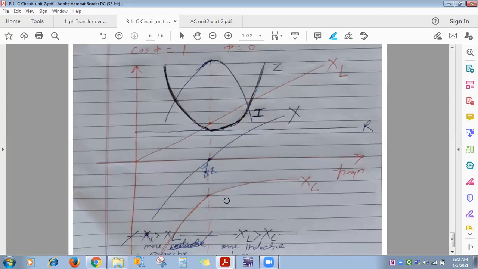Sometimes you have to use this in numericals, or in an MCQ they can ask this question. At resonance impedance is minimum, current is maximum, and whatever is the nature of current, the same will be the cos phi. Here I forgot to draw the cos phi. All of you can draw it. Correct it in your notes or add it, and represent it as cos phi.